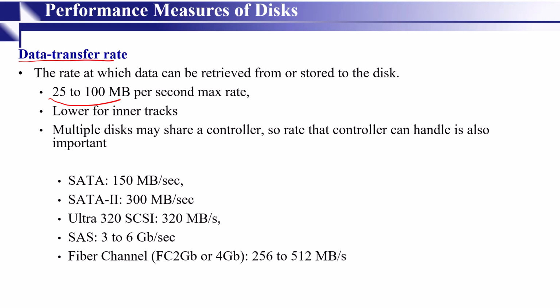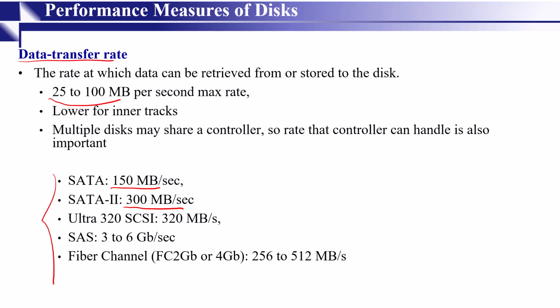Additionally, multiple disks may share a controller, so the rate at which the controller can handle requests also impacts the overall data transfer performance. Here are some common interface types and their respective data transfer rates. SATA, normally 150 megabytes per second, SATA 2, 300 megabytes per second.